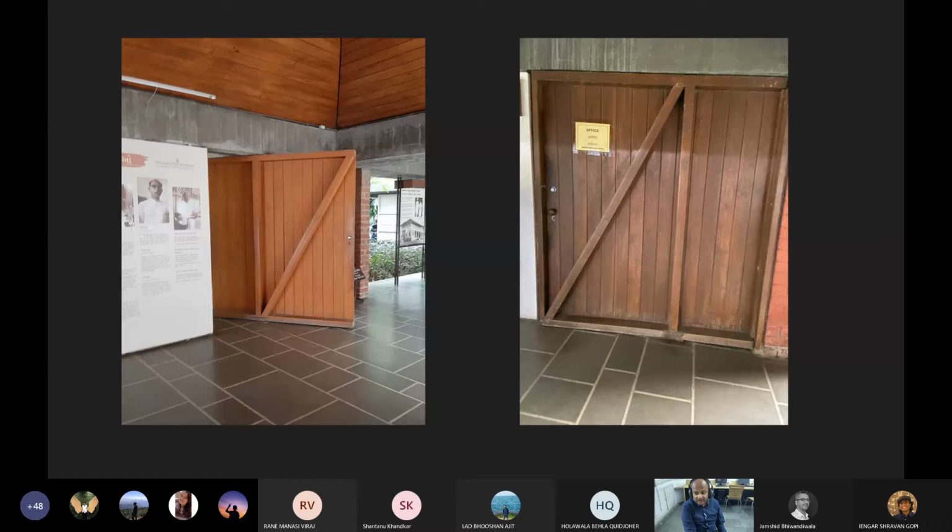Interestingly, if you start studying all the doors, like what this team has shown you, you'll understand that different aspects of climate are taken into consideration. In practice, when we make an opening to get in light, the quality of light in India is so sharp that we often have to squint our eyes.